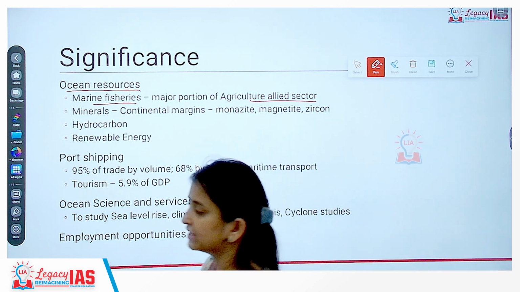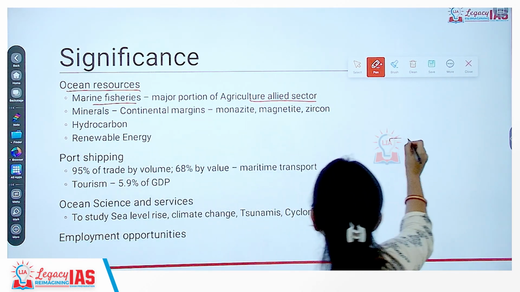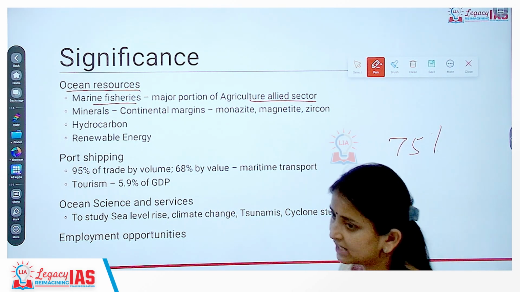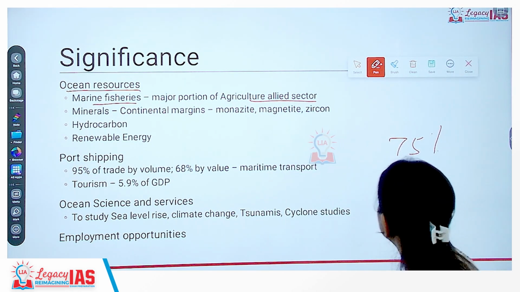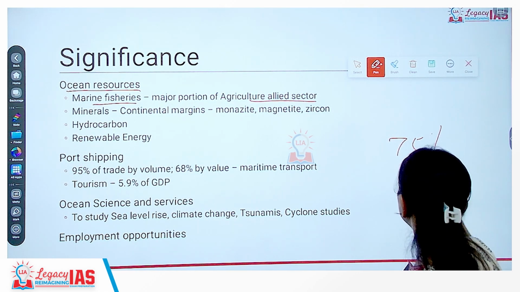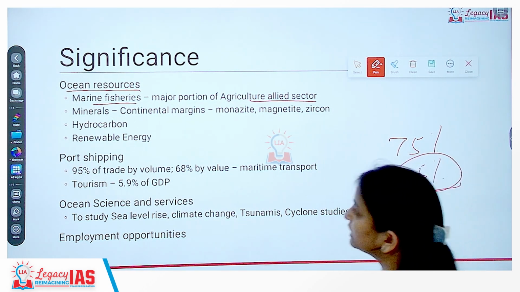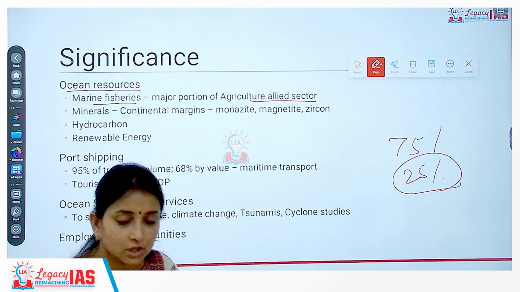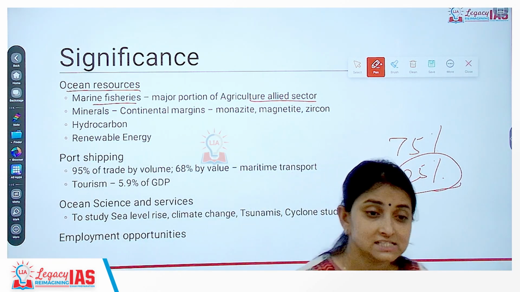Although in India inland fisheries contribute 75% of the total fisheries, that is fresh water, marine fisheries or brackish water, salt water fishes comprise only 25%. But still, in agriculture allied, the composition of marine fisheries is significant.